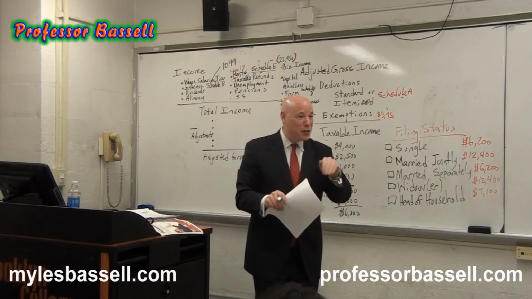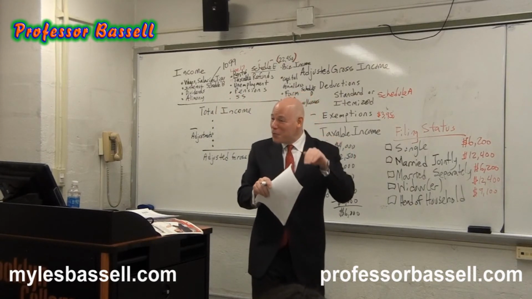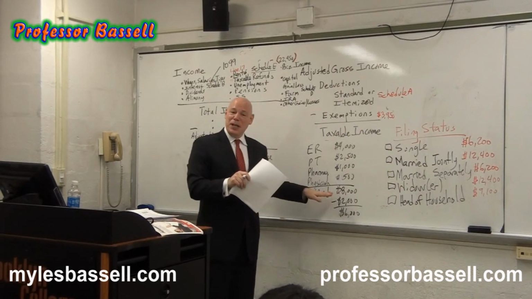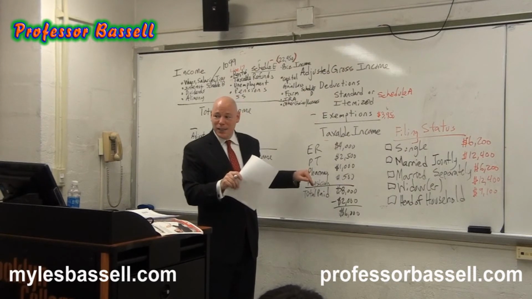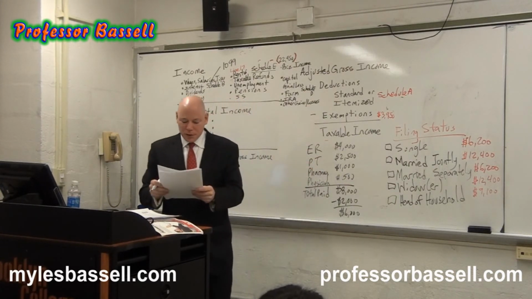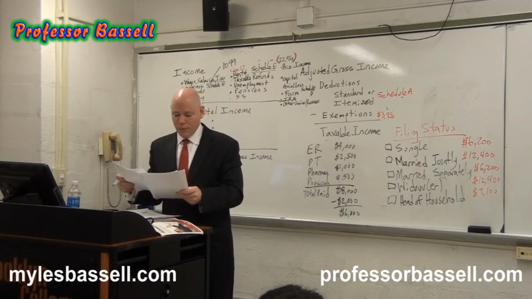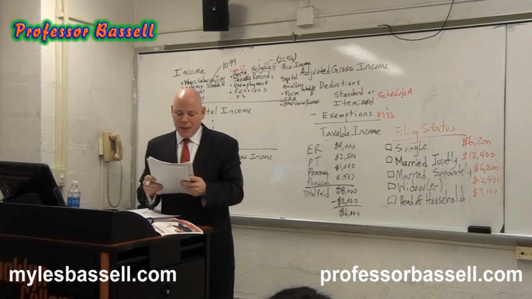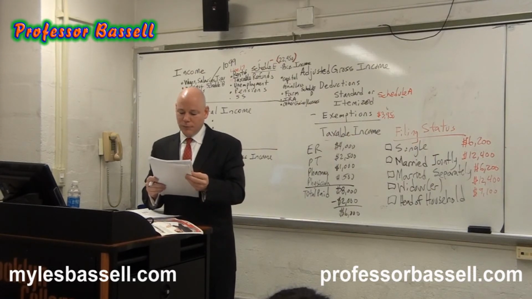This time I got the canceled checks, not just the invoices. I know, but the insurance company reimbursed her $2,000, so her qualified medical expenses are only $6,000. Which is what we're going to put on line 1 of Schedule A. It says medical and dental expenses. Line 1, we put $6,000.